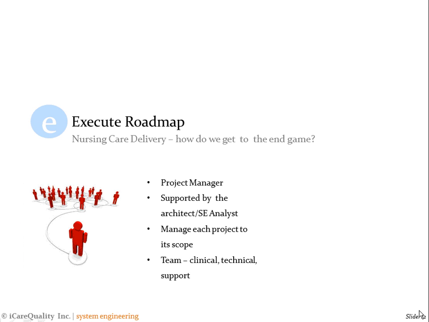In most cases, for a project of this nature, the challenge is not the technology or the process. It is an organization change management challenge. To execute this change efficiently, you will need a project manager. You need a system engineer and analyst who have supported the roadmap, who manage each project to the scope, and who build support between clinical, technical, and production support teams.